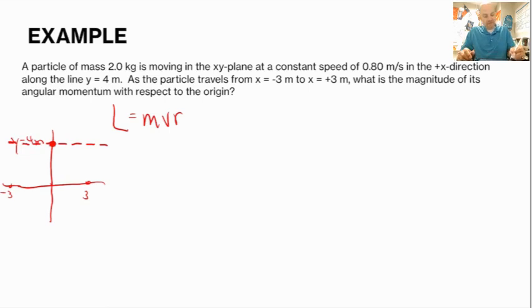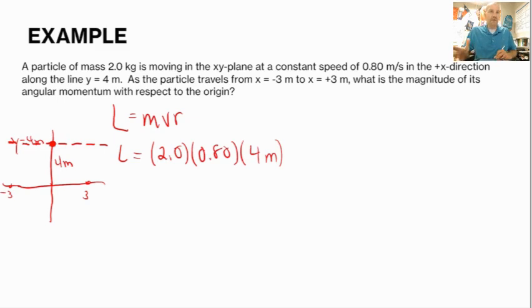That's easy, that's just 4 meters. So we have all the information we need. It's a 2 kilogram object traveling at 0.80 meters per second, and when it's passing the origin, it's 4 meters away. And so you end up with 6.4 kilograms times meters squared per second. This is the unit for angular momentum.